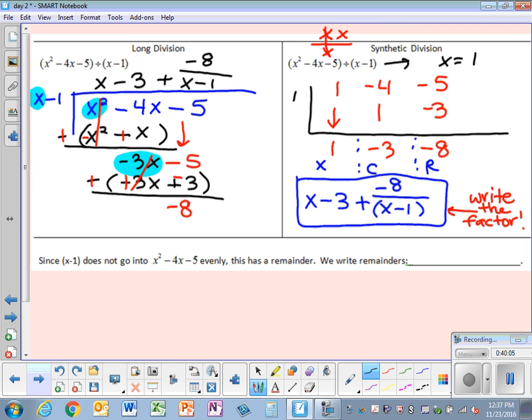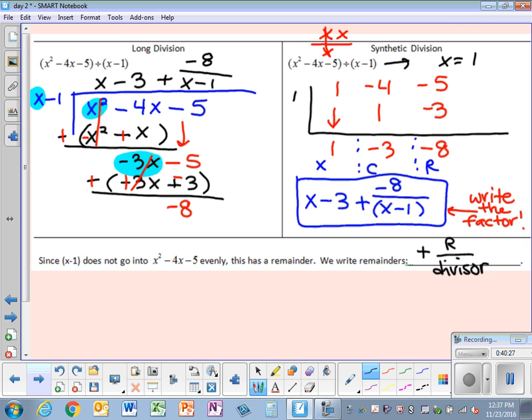So down at the bottom it says, since x minus 1 does not go evenly into that polynomial, this has a remainder, and we write remainders as plus r over the divisor as a fraction. Okay? Why do you add the remainder fraction instead of putting just a minus? You know what?